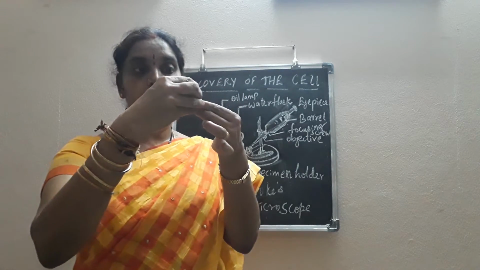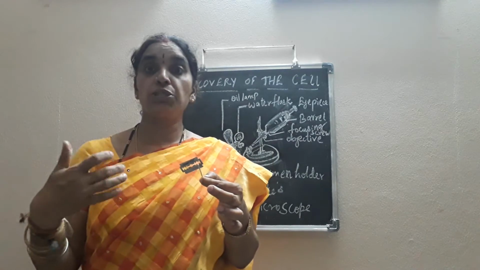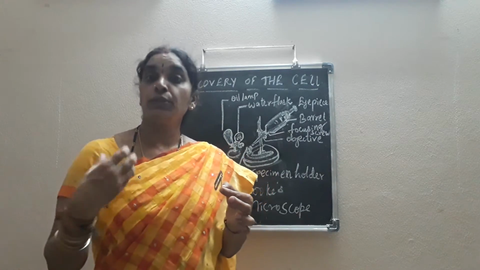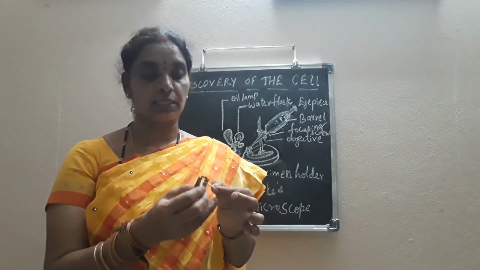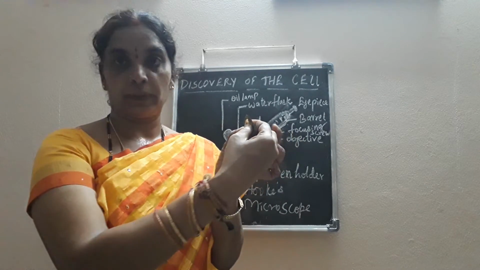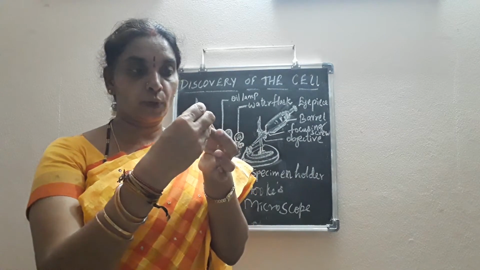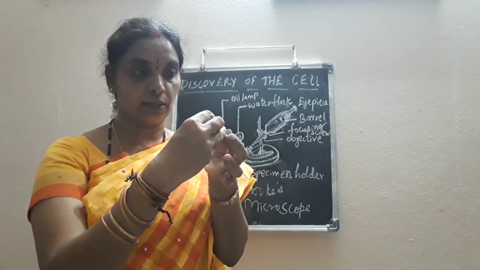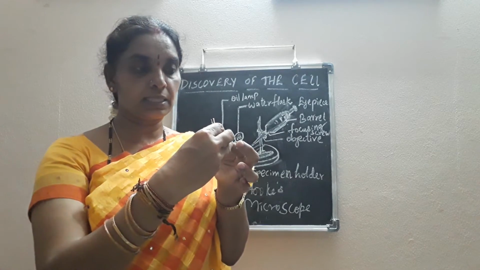I have already told you about the preparation of the slide, how to place the object over the glass slide, isn't it? You have to cut it with a sharp blade or razor in such a manner that a 0.5 thickness can be cut easily. Is it clear, children?